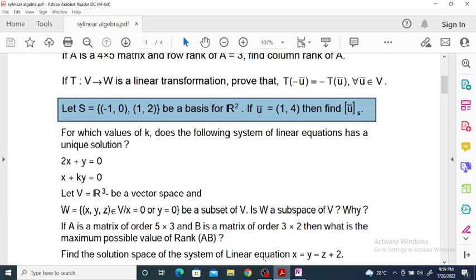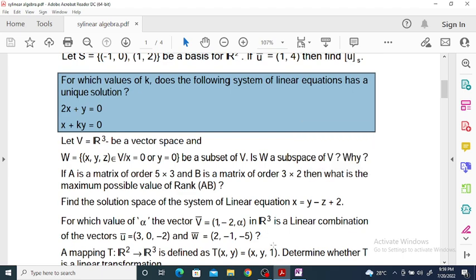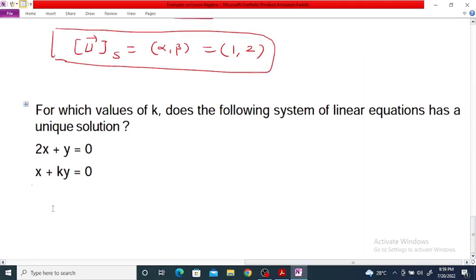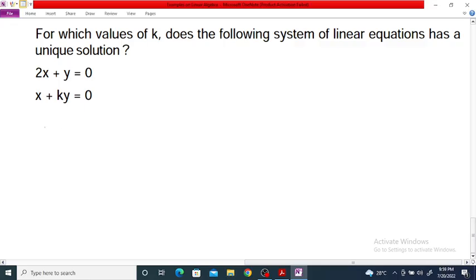Next example. For which value of k does the following system have a unique solution? If we write this system into a matrix form, we get the matrix (2, 1; 1, k) times (x, y) equal to (0, 0).